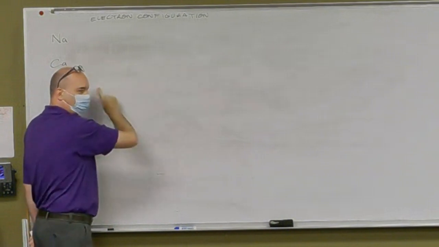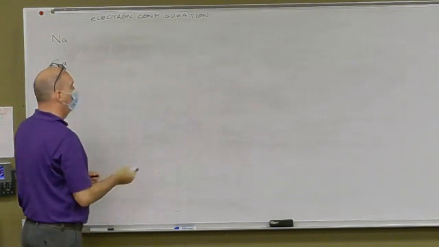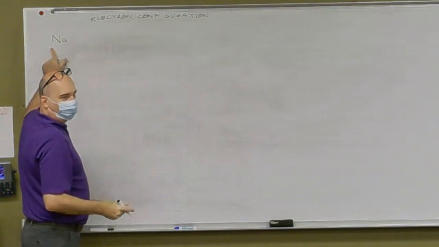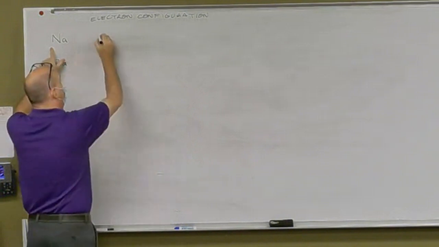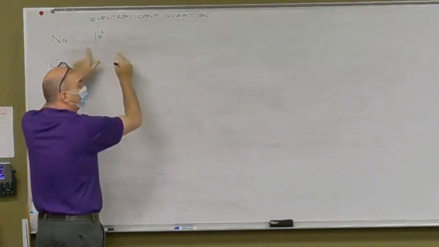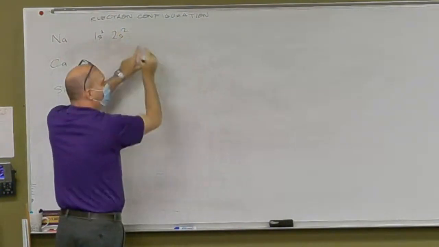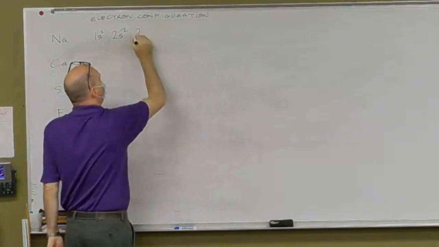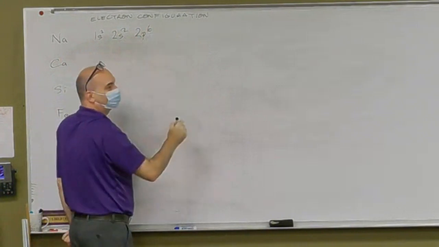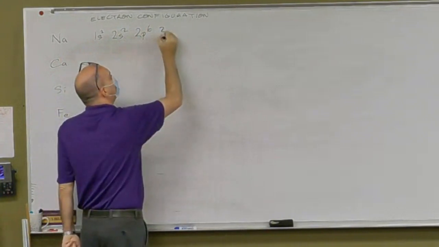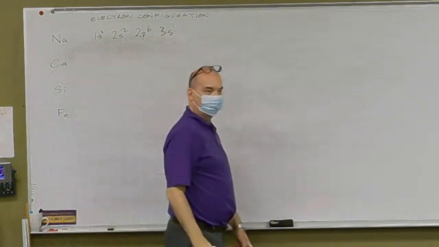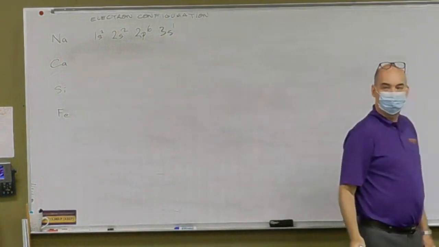You just read a line across and then another line across and you go, I'm going to count until I find sodium. And it reads 1s2, 2s2, 2p6, 3s1. Right.